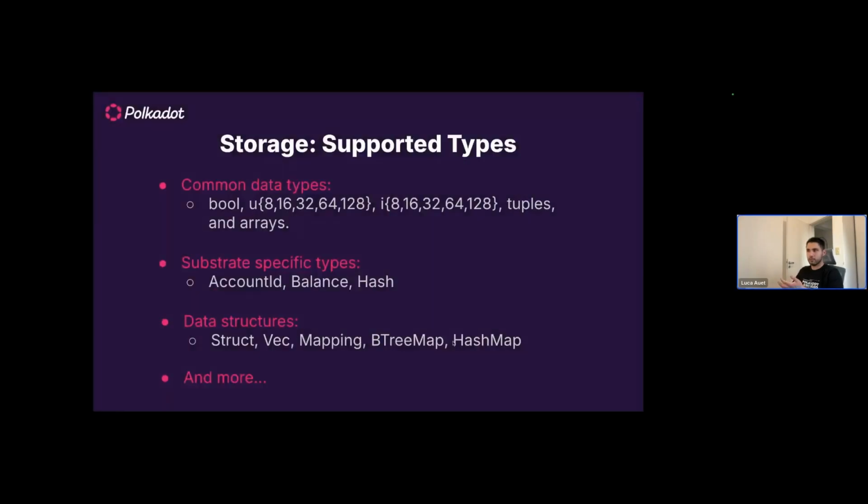So we are going to start with storage. As we mentioned, this structure, which is decorated with the Ink storage macro, is where we are going to store everything that you need for your contract, for your use case. So you can use simple types like booleans, U8, integers, tuples, arrays, everything that has a static size, okay? You also have some Substrate-specific types.